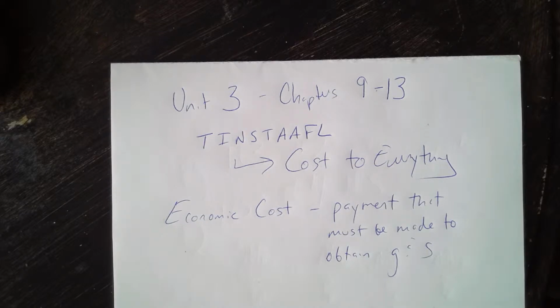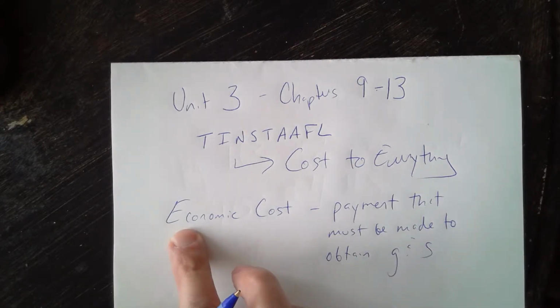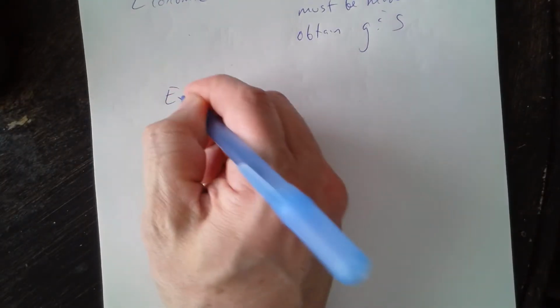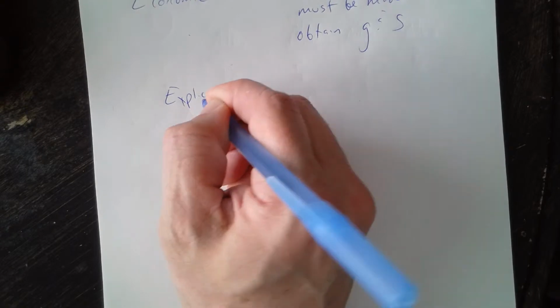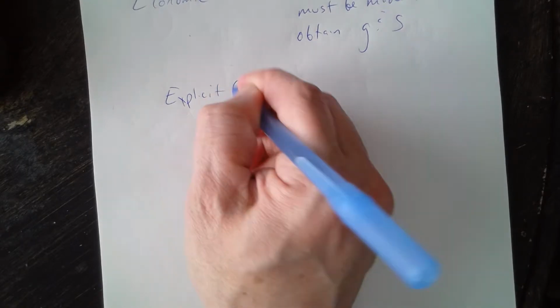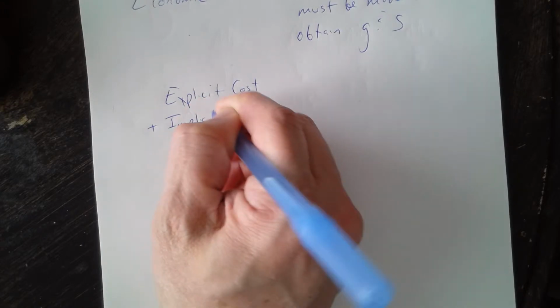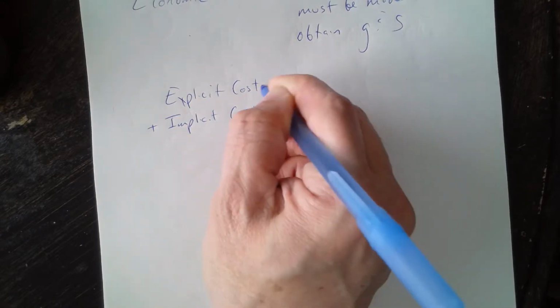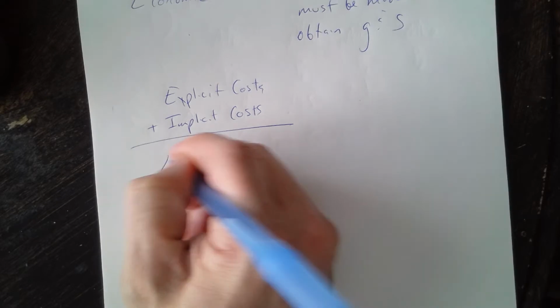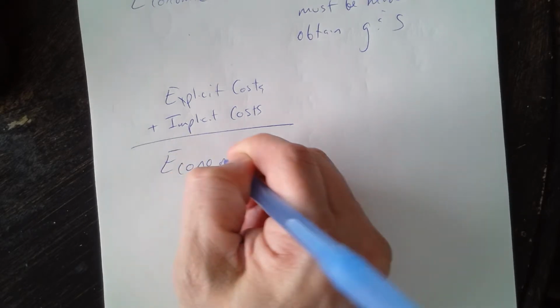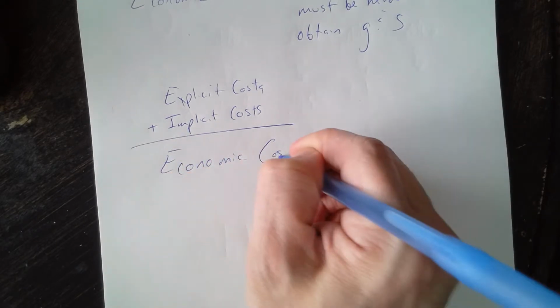All right. To get your economic costs, you add two costs together. You add the explicit costs and your implicit costs to equal your economic cost.